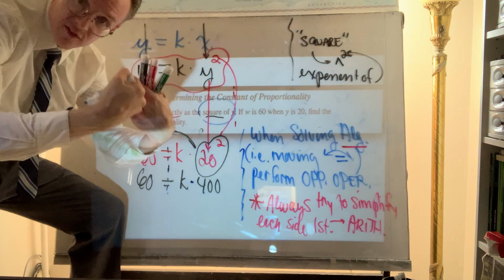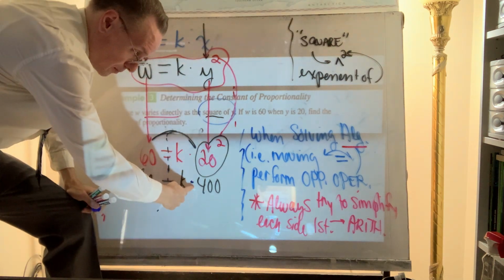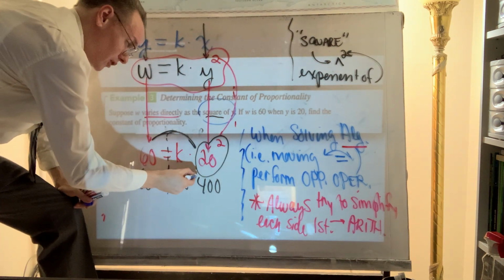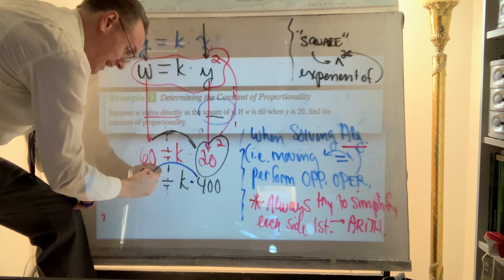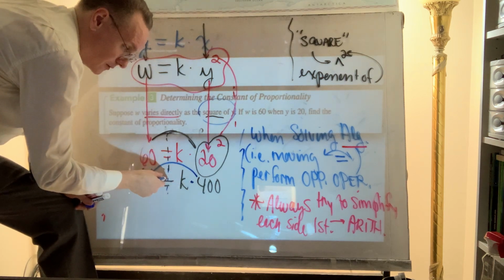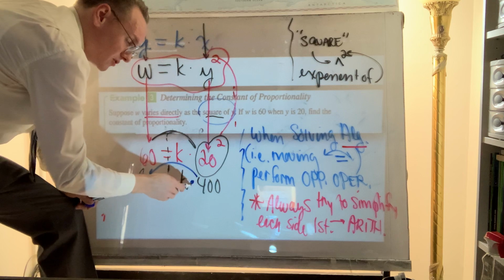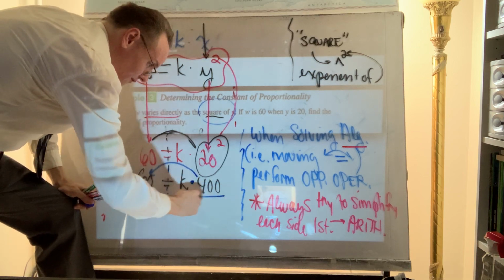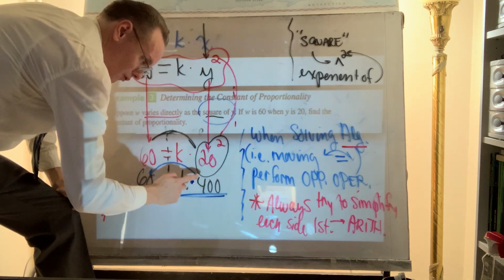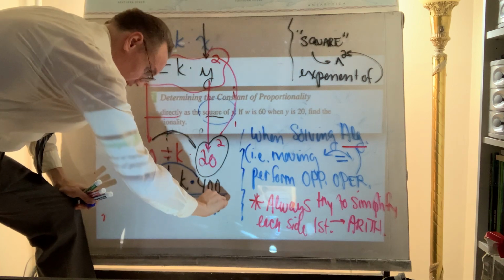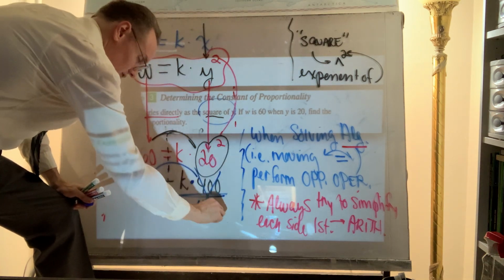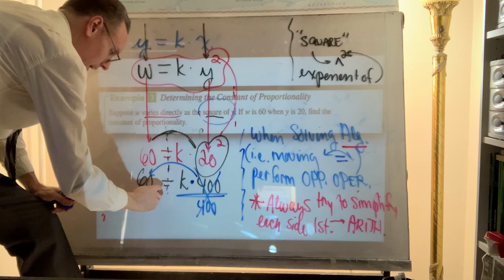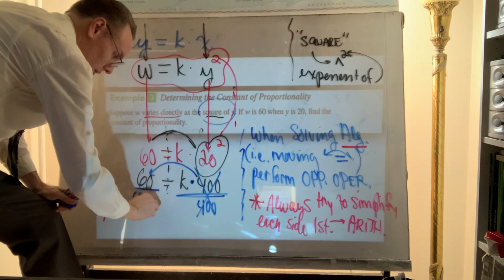These things that are pressed together, it is understood that they're being multiplied. So in order to justify moving the 400 from here over to here, I'm going to do the opposite of multiplying, which is division. I'm going to move the 400 by dividing by 400 here, strategically to cancel to 1 or simplify to 1, and then do the same thing here to make it legal.